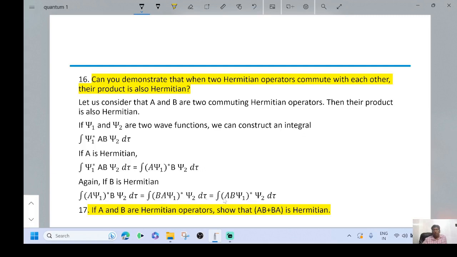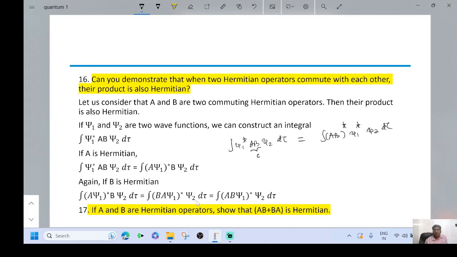We know that BA equals AB, because A and B are commuting with each other. Hence we can write ∫ψ1* AB ψ2 dτ equals ∫(ABψ1)* ψ2 dτ.